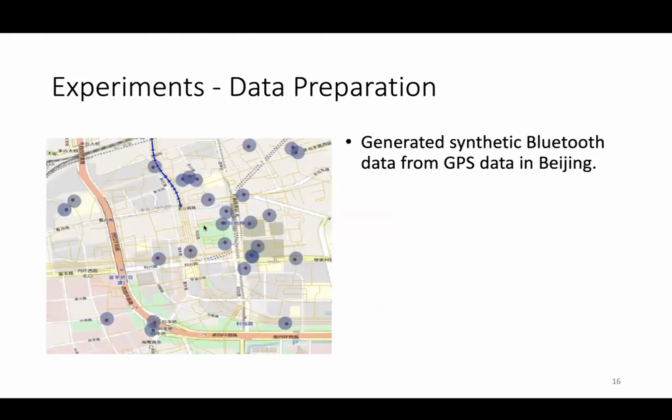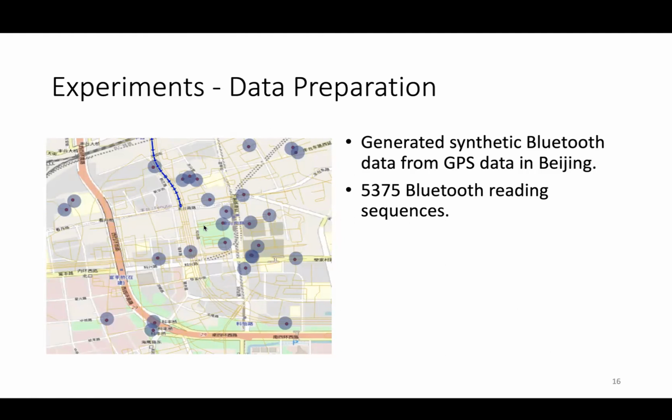Because we have no labeled real Bluetooth dataset, we generate our own synthetic Bluetooth data from high-precision GPS data on the Beijing road network. Firstly, we match the high-precision GPS data using a hidden Markov model and regard the resulting road as the ground truth.